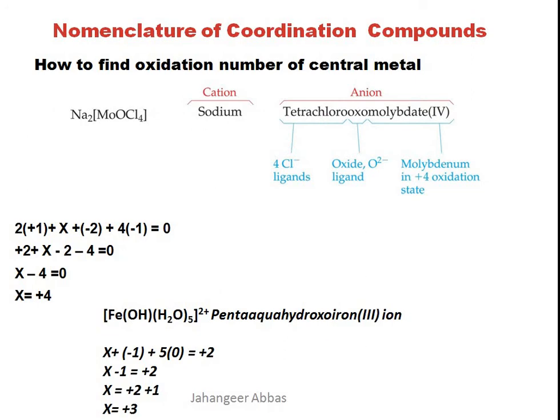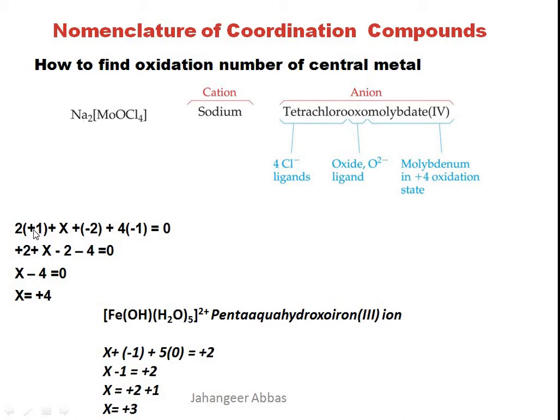How to find the oxidation state of the central metal? This is a complex. We have to find the oxidation state of the central metal, and how? We will write the oxidation states of other species. Sodium, oxidation state of sodium is +1.